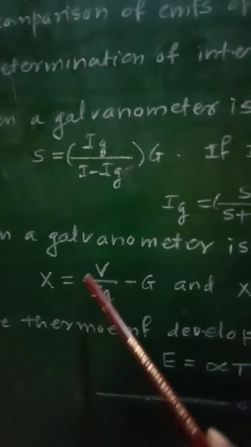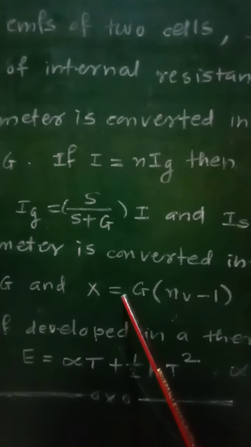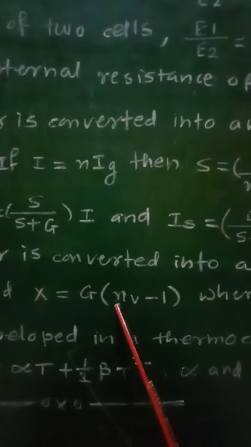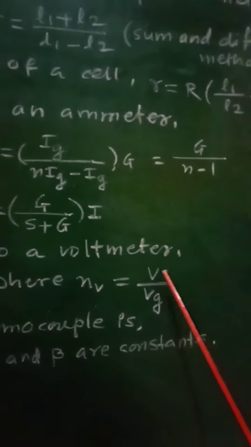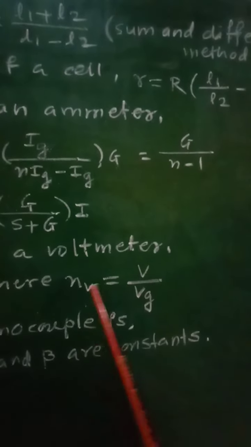X can also be written as G into (NV minus 1), where NV is the ratio of phi and phi g, that is phi by phi g equal to NV.